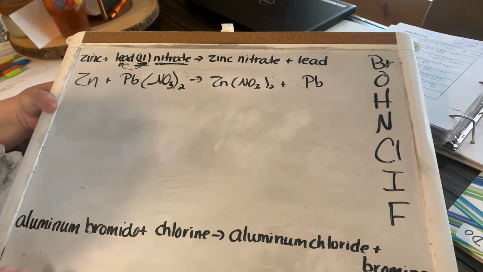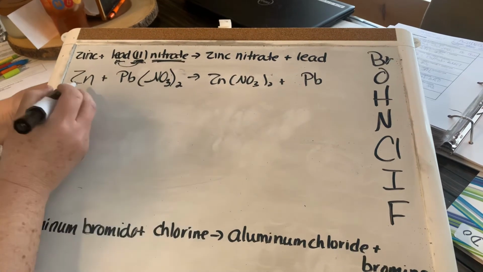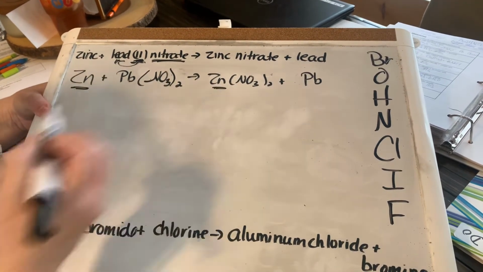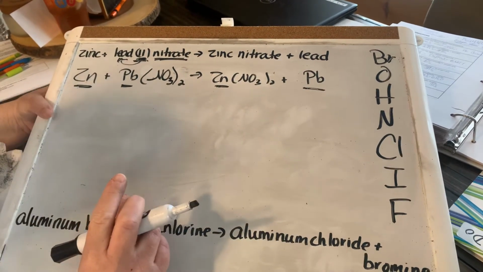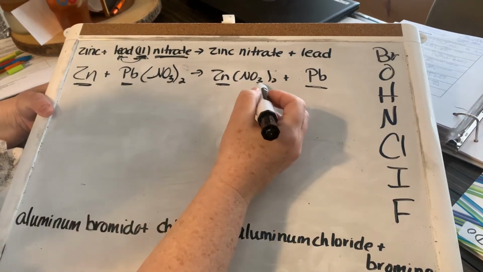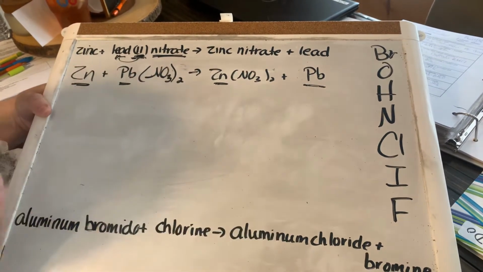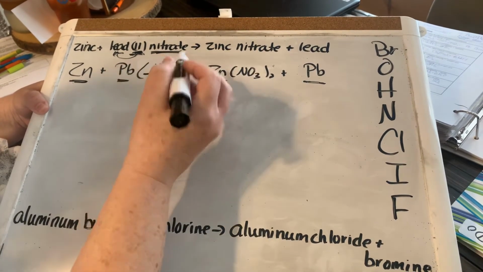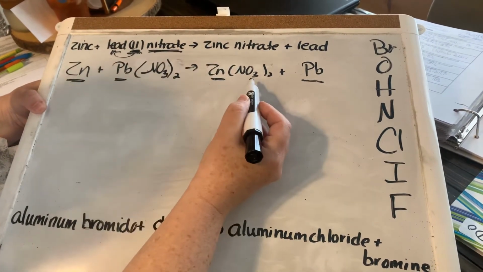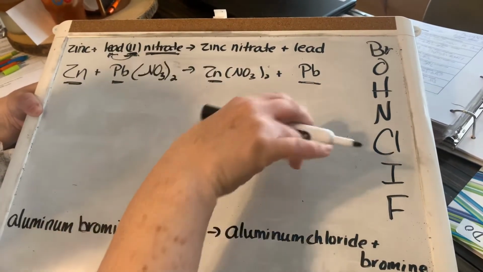Okay? Now, they were super sneaky with this one because it's already balanced. 1 Zn here, 1 Zn here. 1 Pb here, 1 Pb here. Here's a trick. See how you have NO3 here, and you have 2 NO3s there? If you have intact polyatomic ions on both sides, that means that the N didn't break off and go somewhere else, or the O didn't break off and go somewhere else.